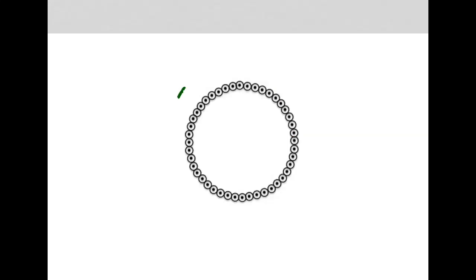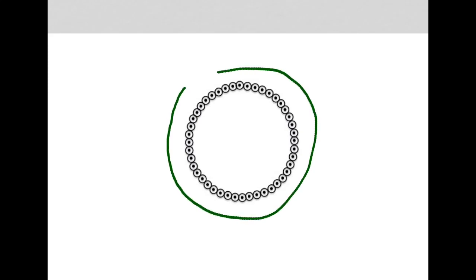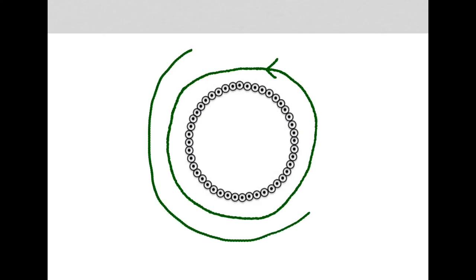So we've just argued that the magnetic field intensity lines outside the cylinder will be these closed circles that are centered on the cylinder.